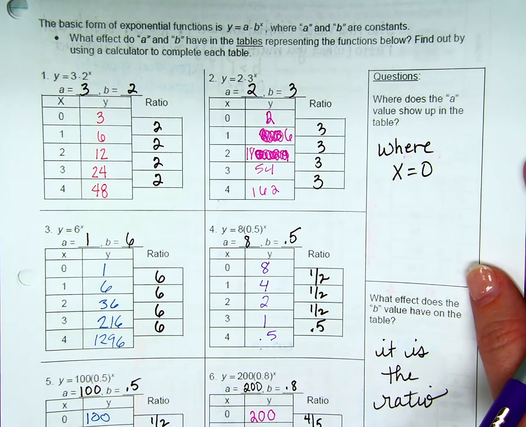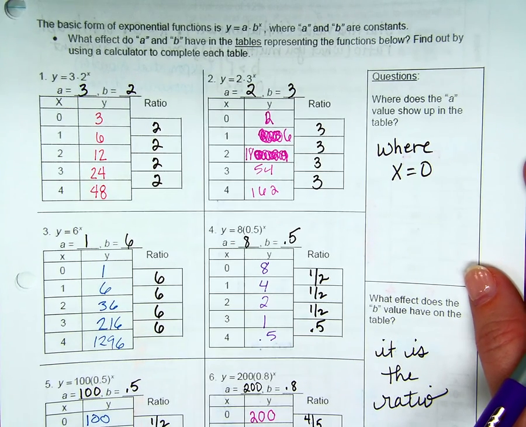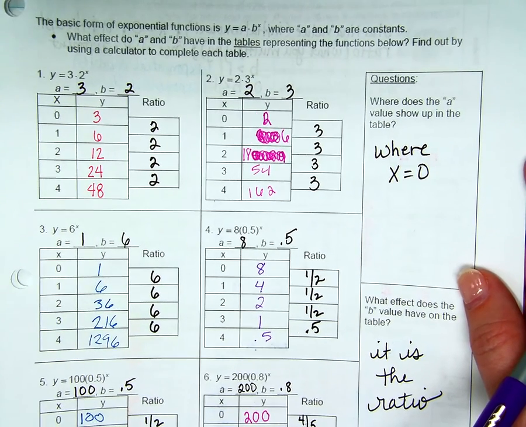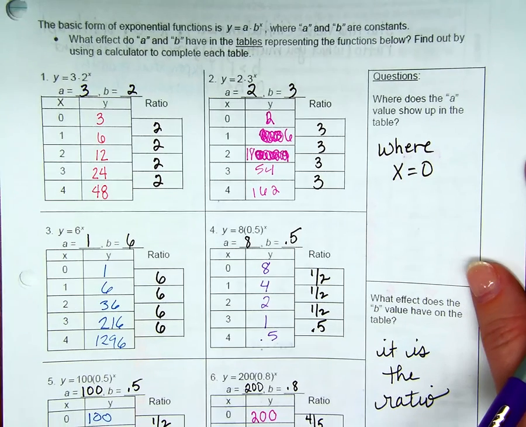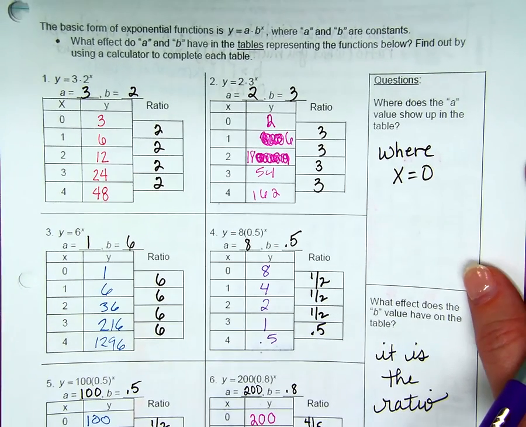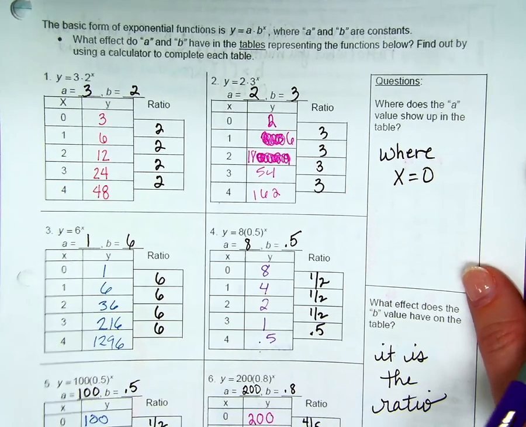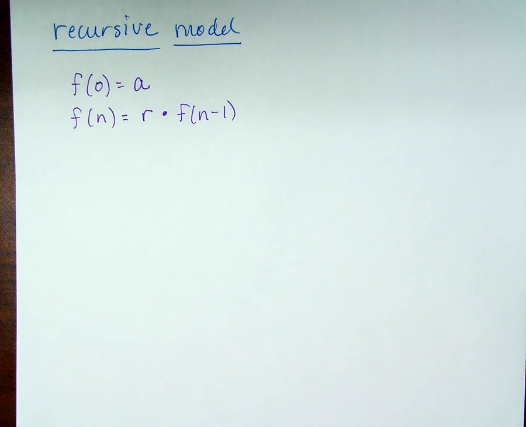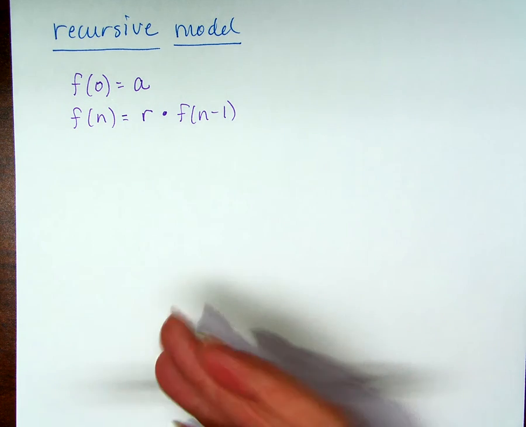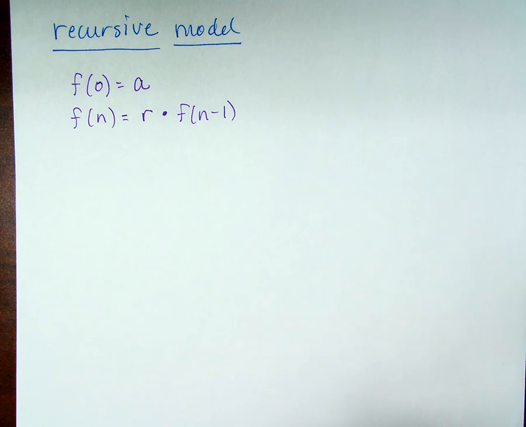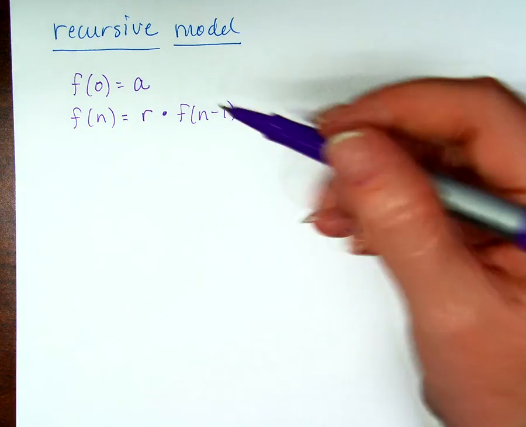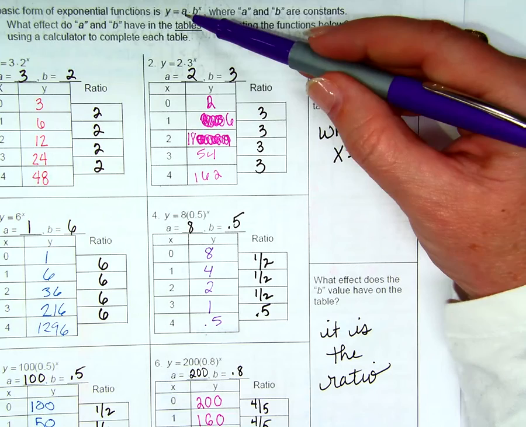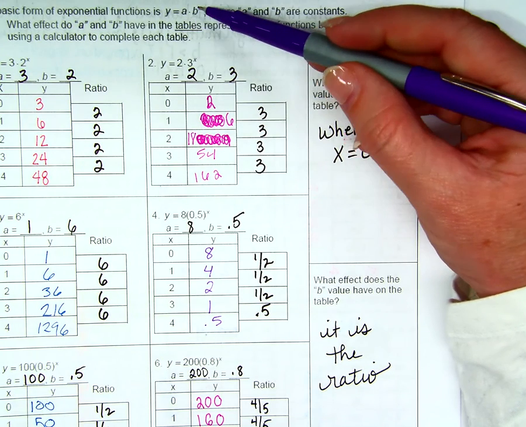So, do you think r and b are the same thing? Guys, sometimes math is weird, right? How many different definitions of 0 are there? A ton, right? Sometimes we use different letters to stand for the same thing. Sometimes we use the same letter to stand for different things. This is one of those times when we're using r and b, like in the general form y equals a times b to the x, to mean the same thing.